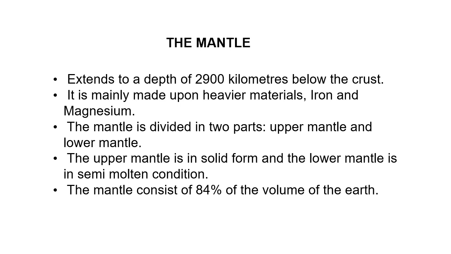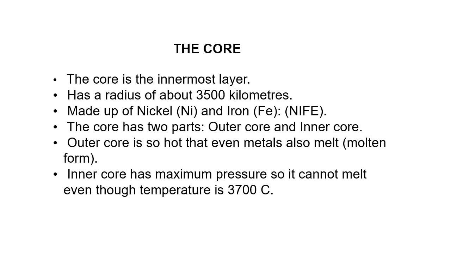Alright. So we will go to the next slide, the last layer, the core, that is the innermost layer. The radius of this layer is 3,500 kilometers, and it is made up of nickel and iron. It has two parts again, the outer core and inner core.